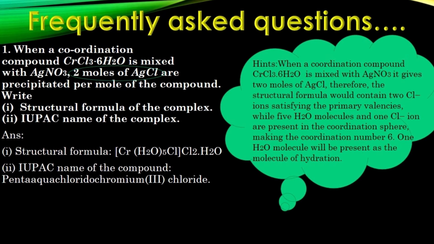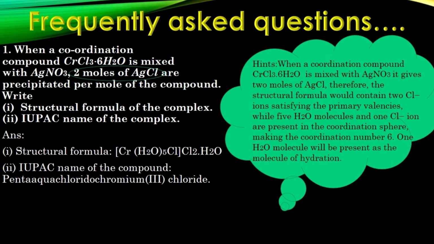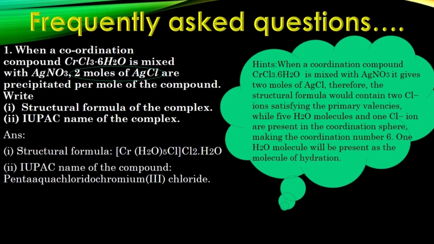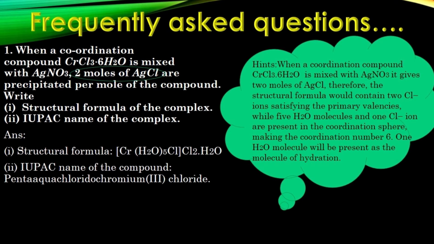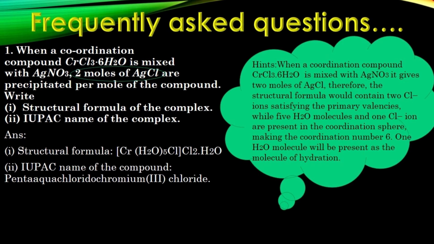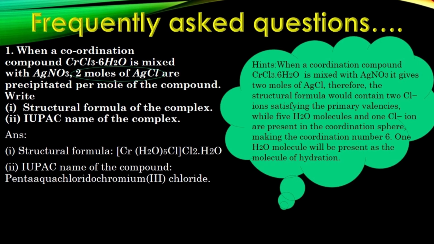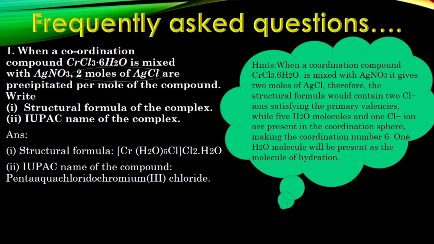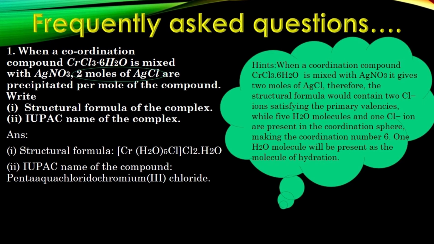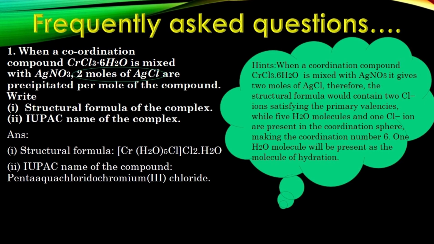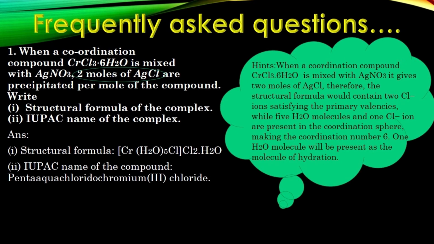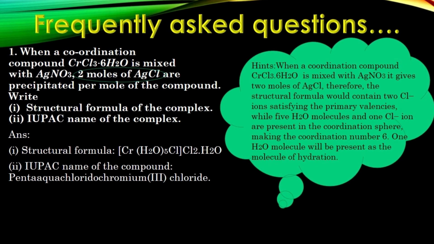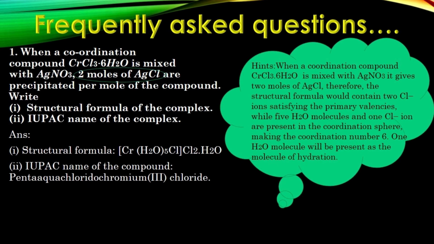In order to answer this question, the clue given is that it precipitates 2 moles of silver chloride, which means 2 Cl⁻ ions are ionizable. So you will write 2 Cl⁻ ions outside the coordination sphere. And we know the coordination number of chromium is 6, which means it can directly bond only with 6 donor sites.